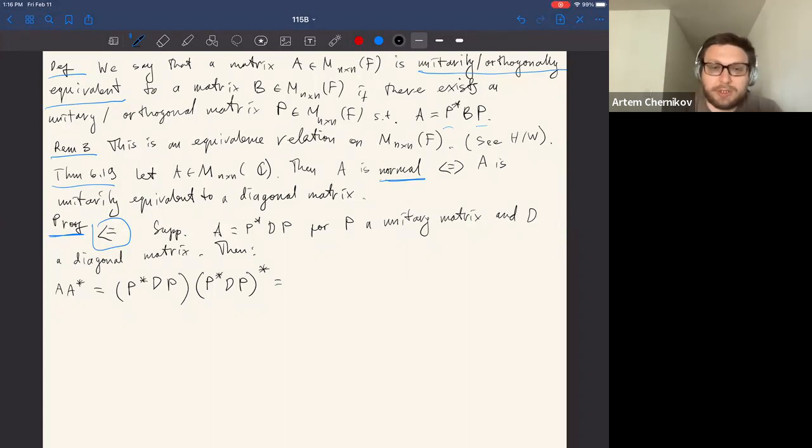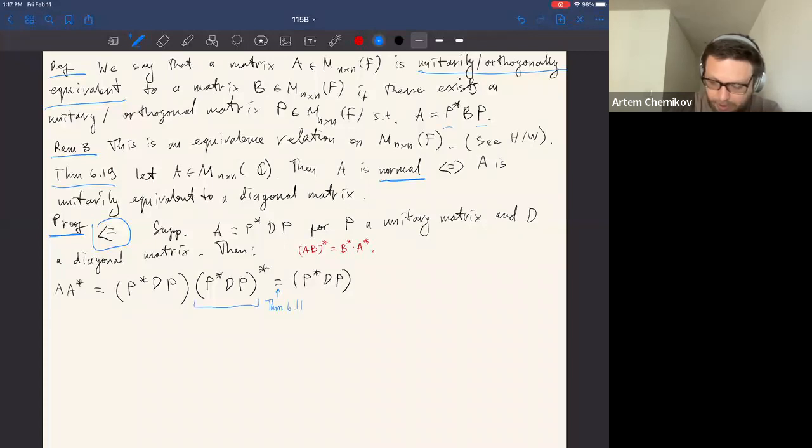Now let's use the properties of the adjoint operator. As usual, this is Theorem 611, which summarizes the very basic properties. Let me just remind you that if we have the product of two matrices, A times B, and we take the adjoint of them, this is the same as B adjoint times A adjoint, right? And this can be iterated. So let's apply it to this expression.